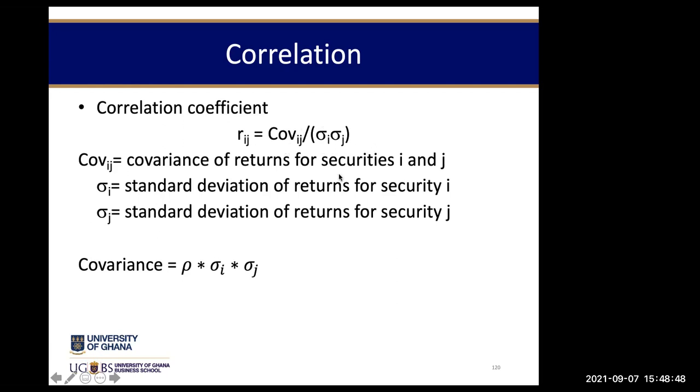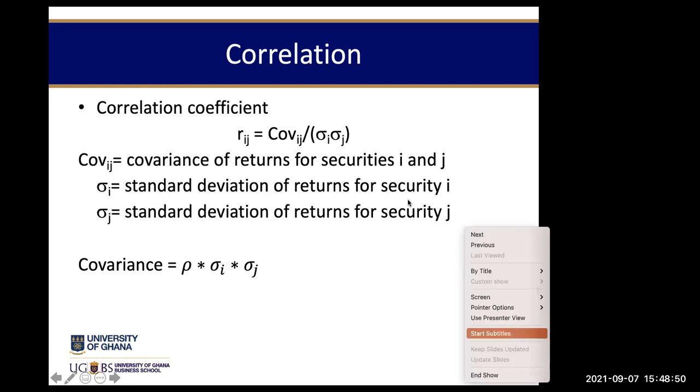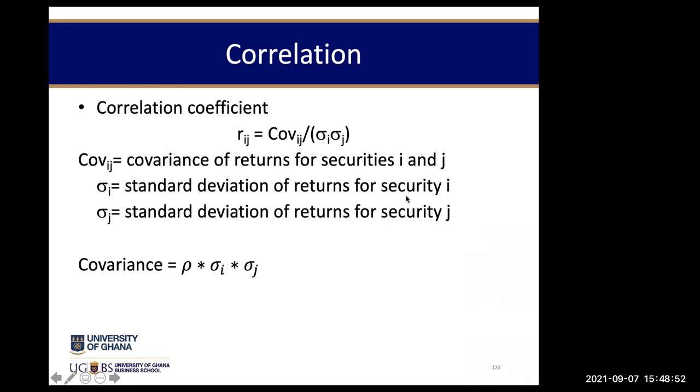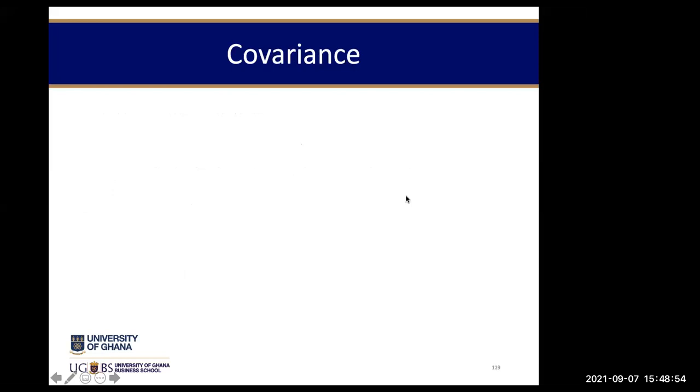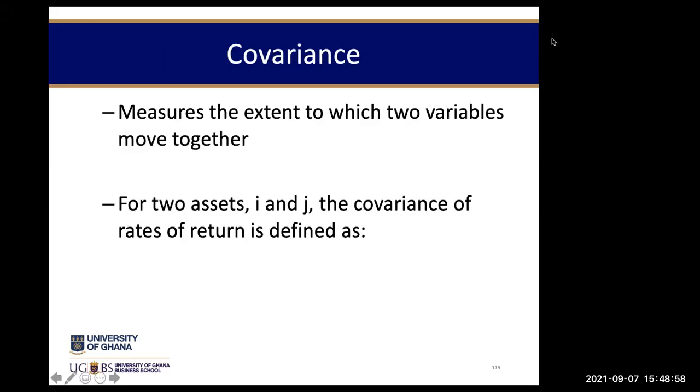So what is the covariance? The covariance is just like the correlation, how two assets move together, only the correlation is standardized. When I say the correlation is standardized, it ranges between -1 and +1. Covariance is not standardized.